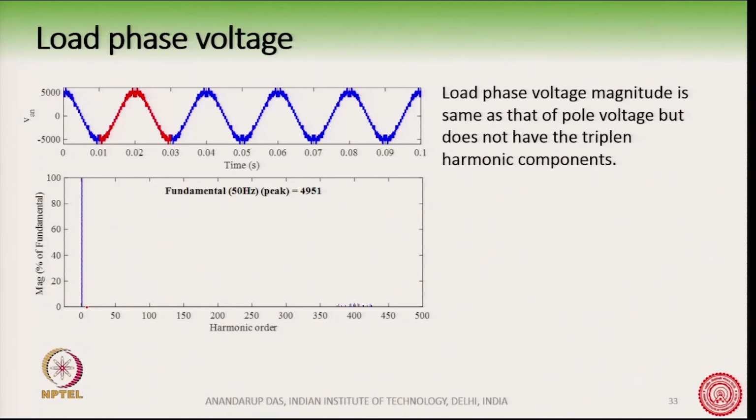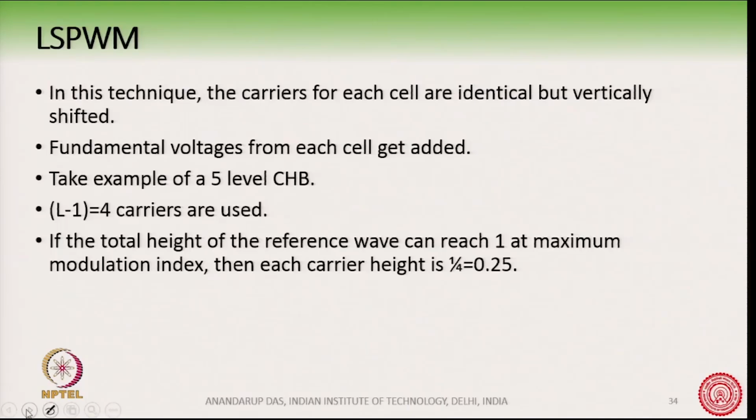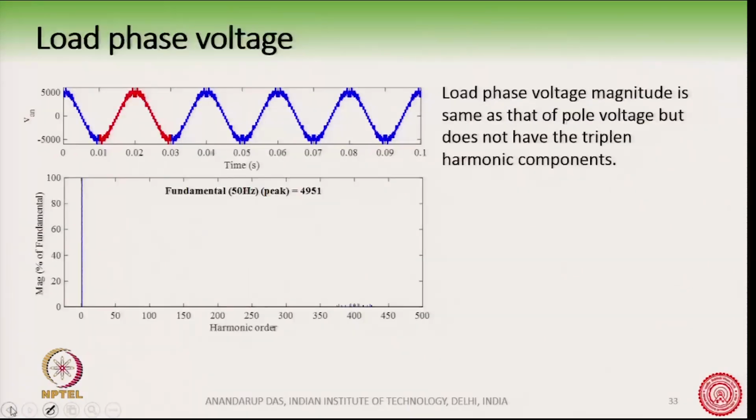The triplen harmonic helps in better DC bus utilization, and the fundamental voltage of 4951 is available on the load, the same as what is available from the pole, and the harmonics are around 400. Similarly, you can also draw the line voltage waveform.